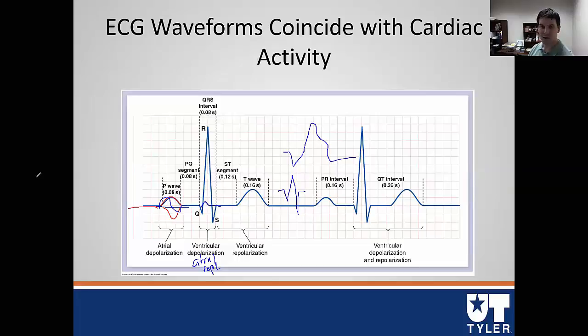One other thing that we'll see in the next slide is that everything should be centered around this baseline, right? So in a normal EKG, we can draw a single line that essentially is the baseline. Any deviations from this baseline are also going to have important connotations to them.